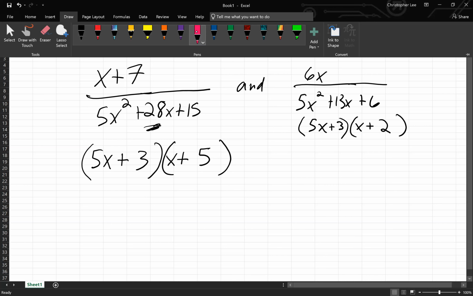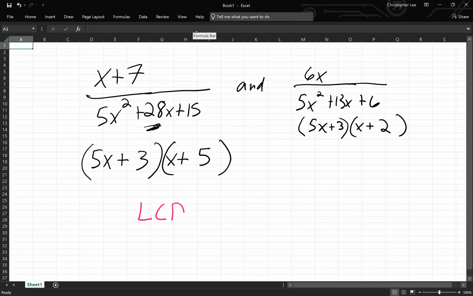What I'm doing here now is I want the LCD. To find the LCD, just take one of the denominators. Doesn't matter which one. I'm gonna take the first one: 5x plus 3 times x plus 5. Now I'm gonna look at the second denominator: 5x plus 3 and x plus 2.